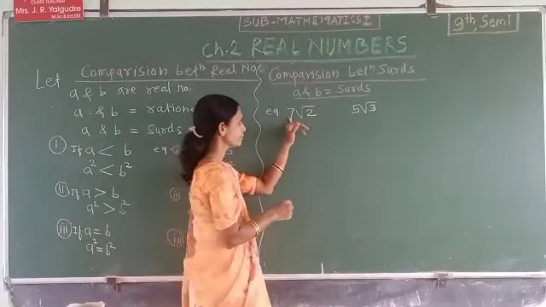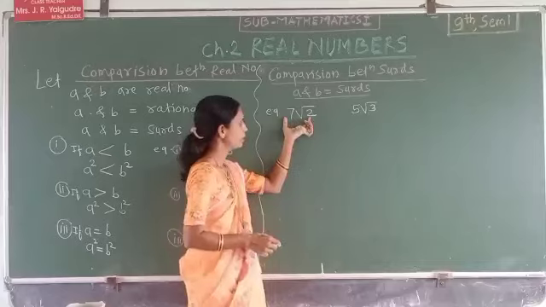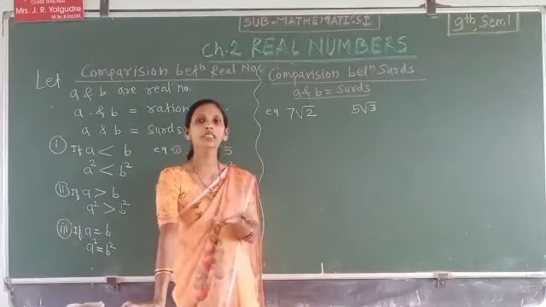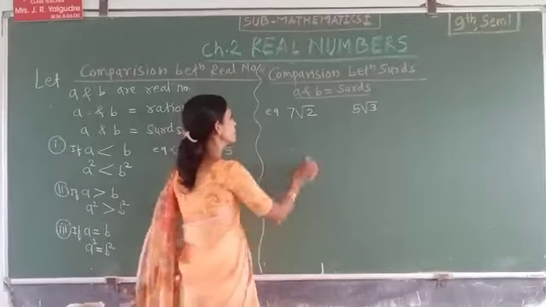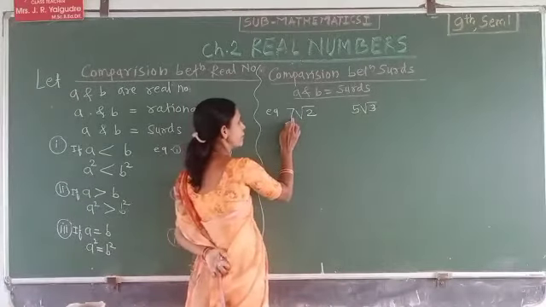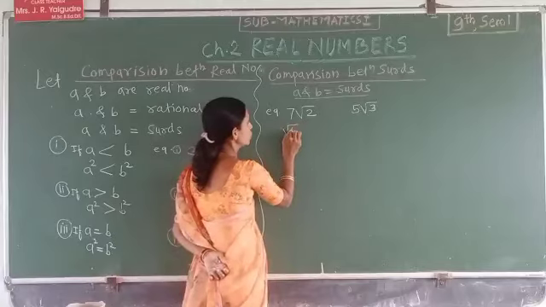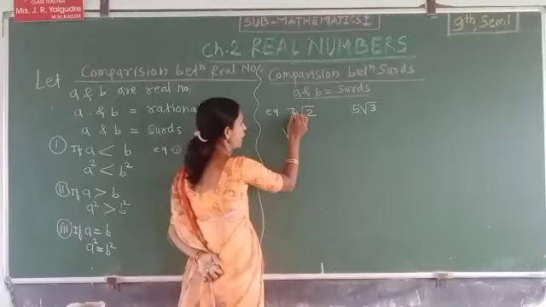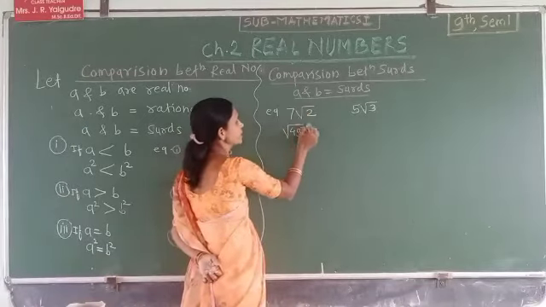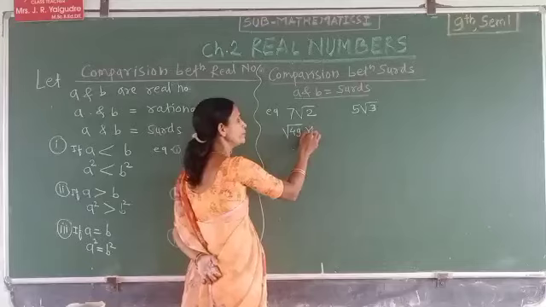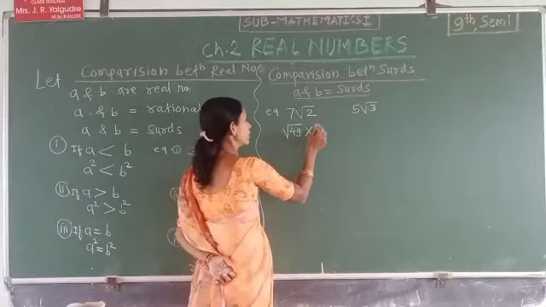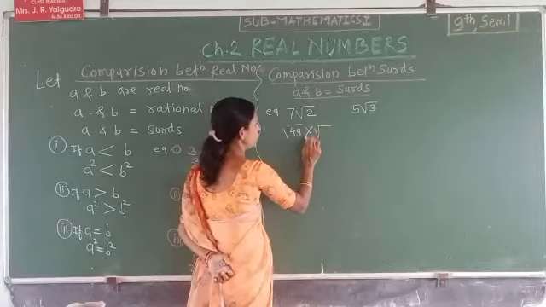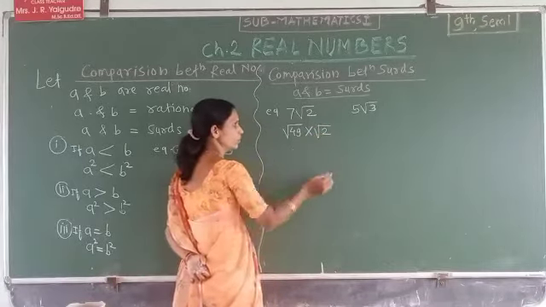First of all, we have to convert those surds into mixed surds. That means 7 is root 49, and as there is no sign, there is multiplication between 7 and root 2, therefore root 49 into root 2.